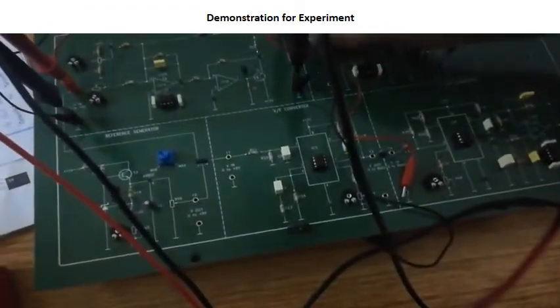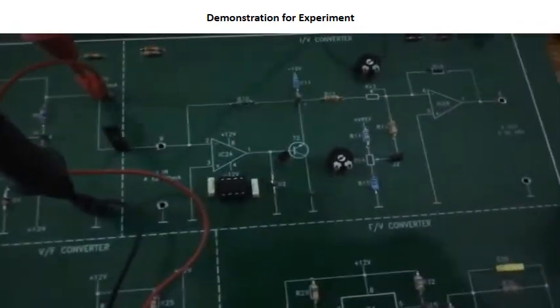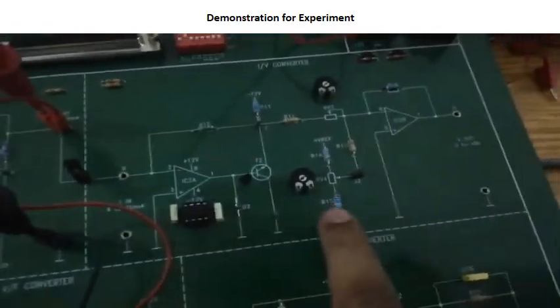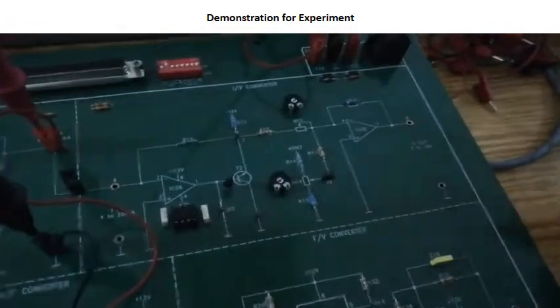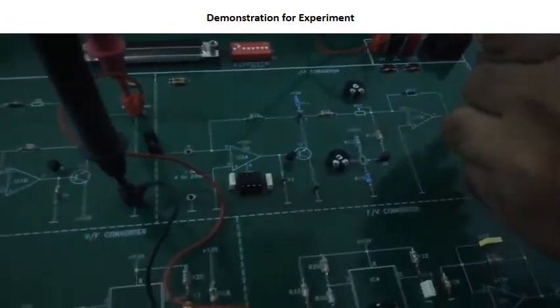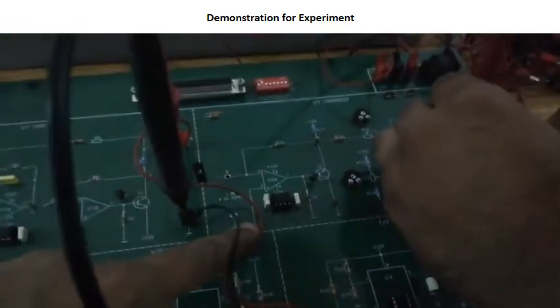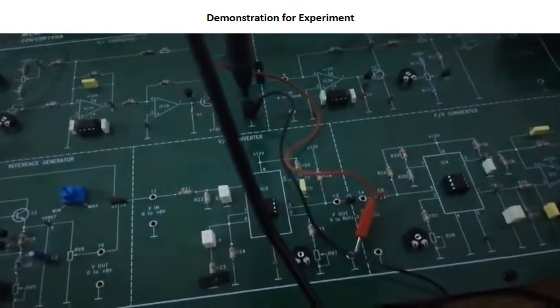Now for part 2, we will use this obtained output current as the input of our second circuit, that is current to voltage converter. In a similar fashion, we will perform part 2. Now we can see this particular circuit is designed to give 8 volts across 20 milliamperes. So practically it should follow the rule.